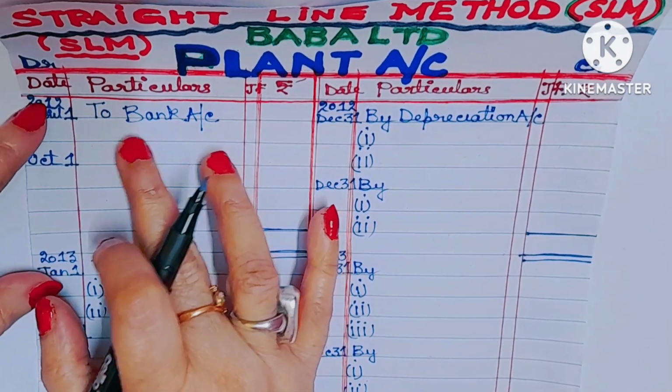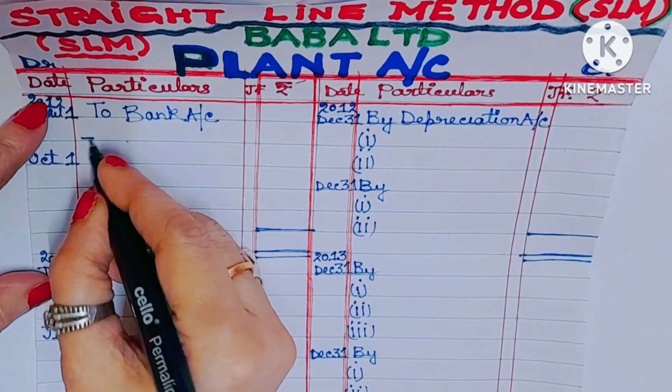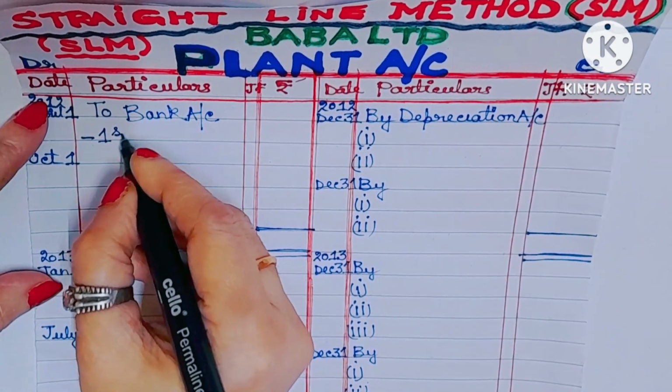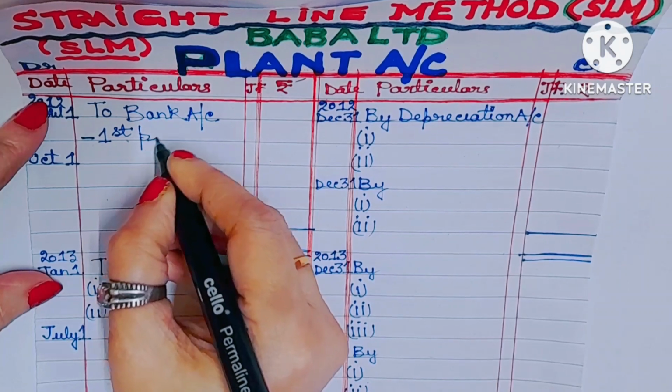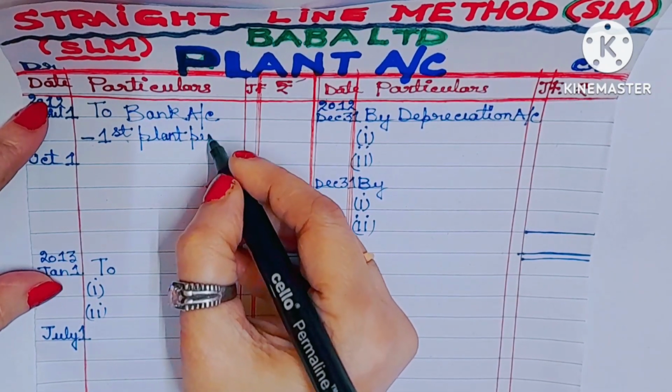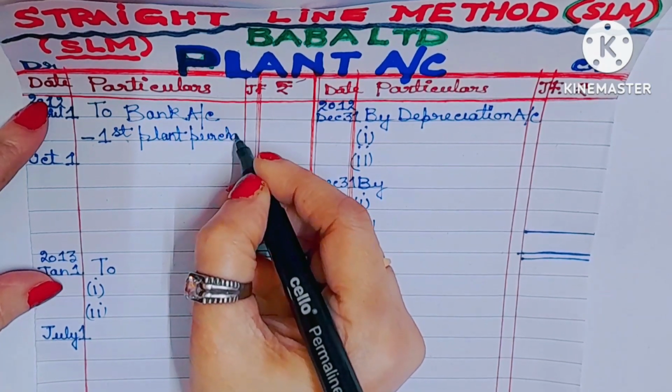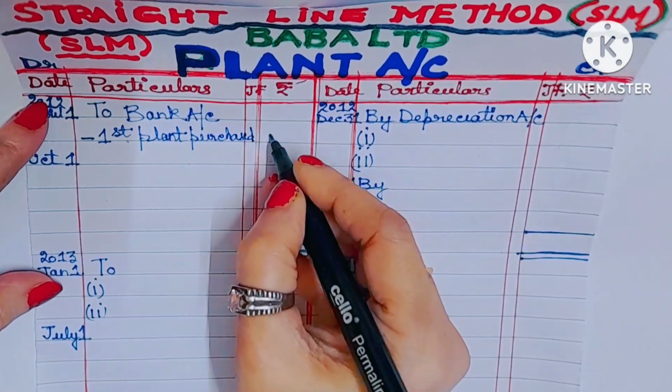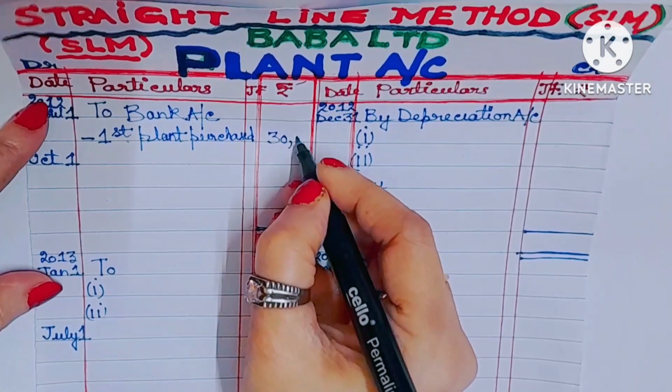So let's write to bank account, first plant purchased. For how much? 30,000. We'll write in the amount column.